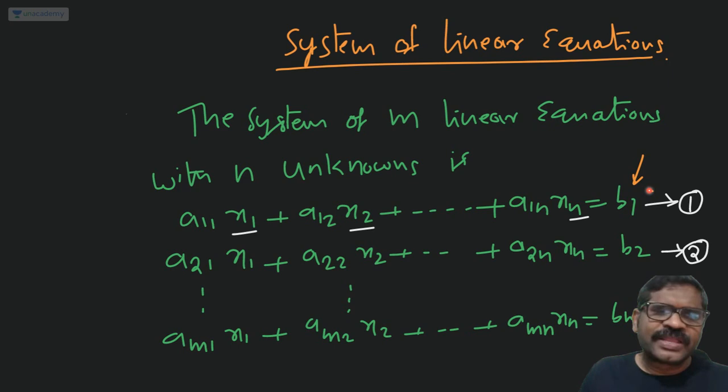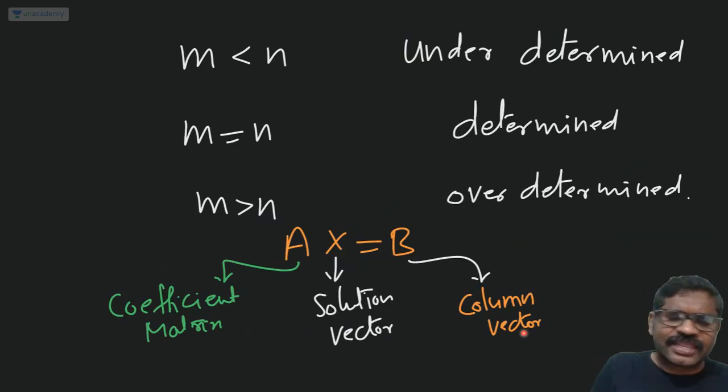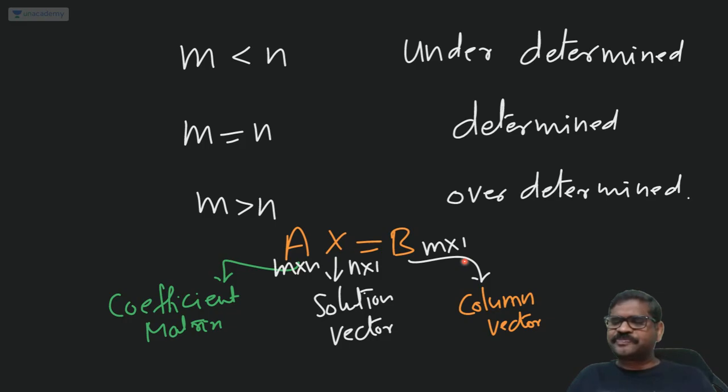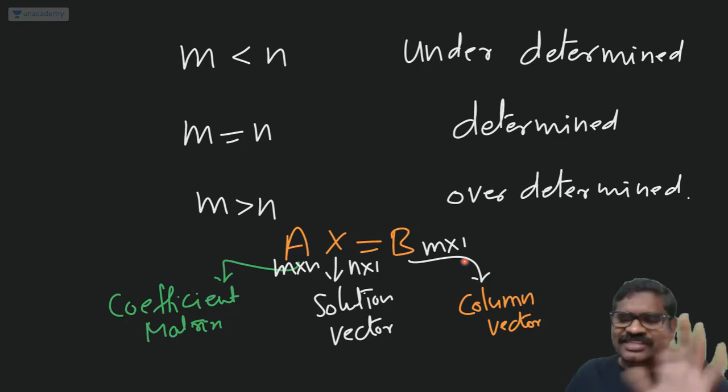Understood? Here A is an m cross n matrix, x is an n cross 1 vector, b is an m cross 1 vector. Understood? This is the structure.